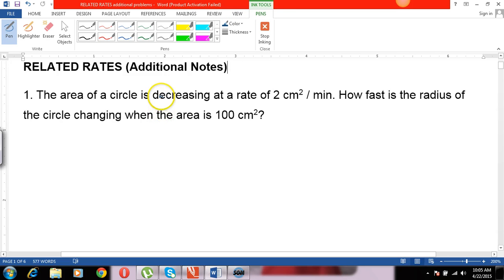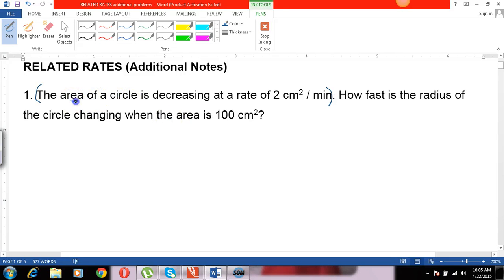Alright, so what is a related rates problem? Question number 1: the area of a circle is decreasing at the rate of 2 cm square per minute. So the first sentence, we have to abstract it.